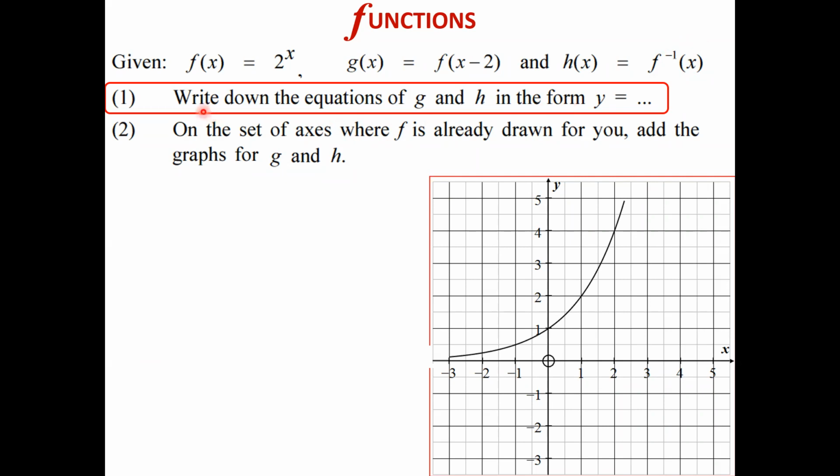So remember what the question is. Write down the equations of g, which is f of x minus 2, and h, which is f to the minus 1 of x. Let's give you a minute to be able to do that.